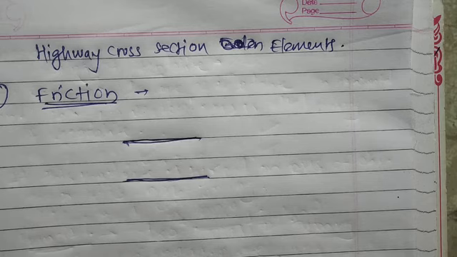Okay. So this friction must be within limits. The friction between vehicle tire and pavement surface is the factor determining the operating speed and the distance required in stopping and accelerating the vehicles.